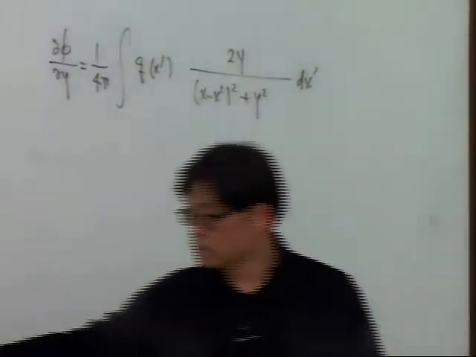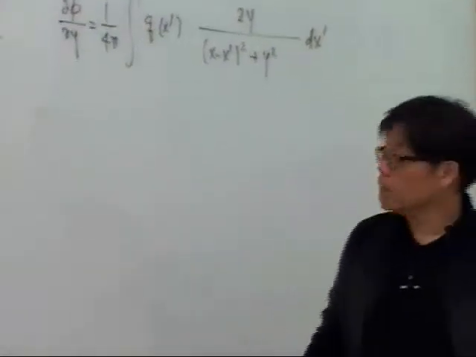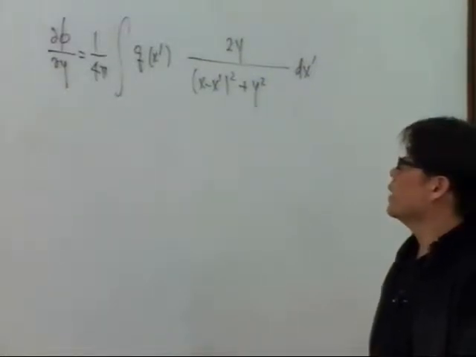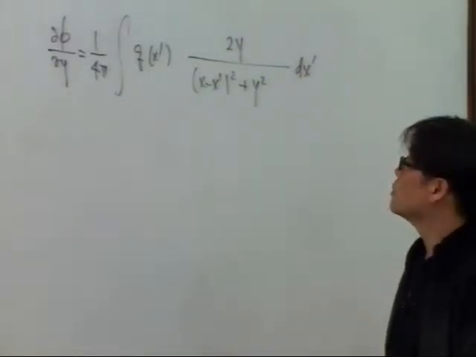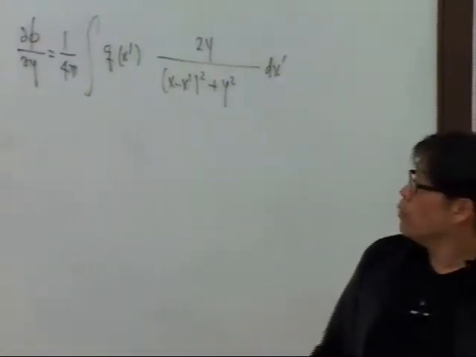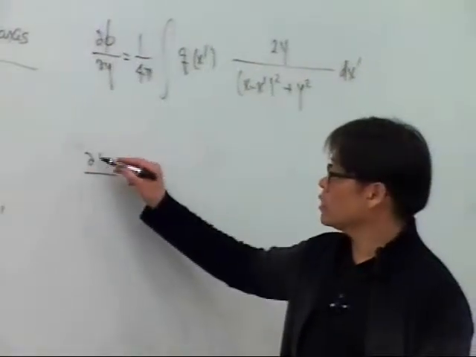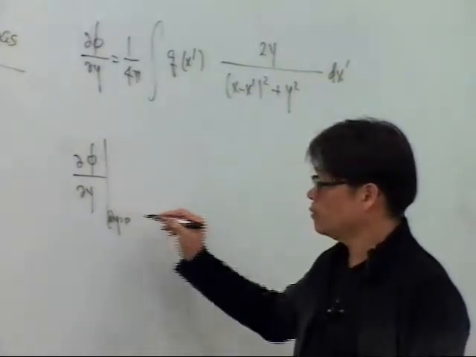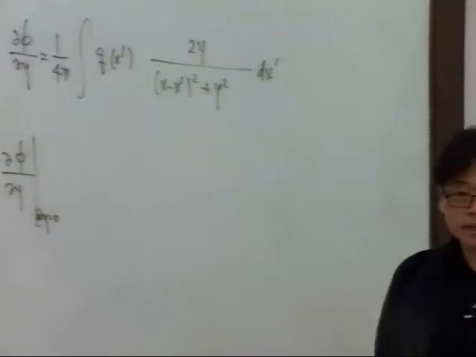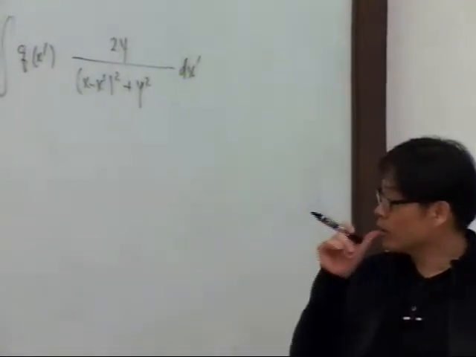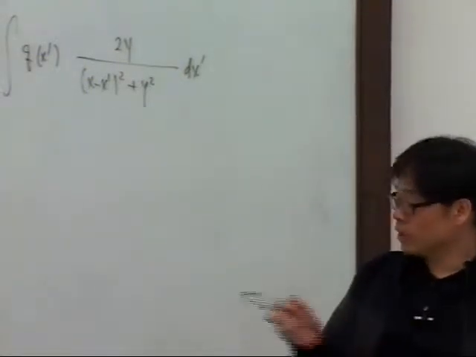The integration is along the axis, and then you're going to impose the boundary condition at y equal to 0, because that's the boundary condition that has to be imposed, with an approximation.